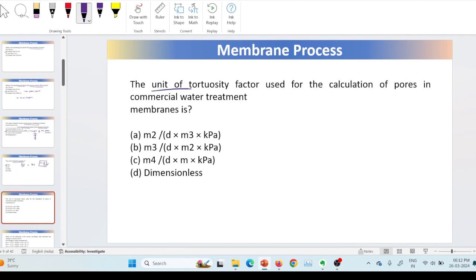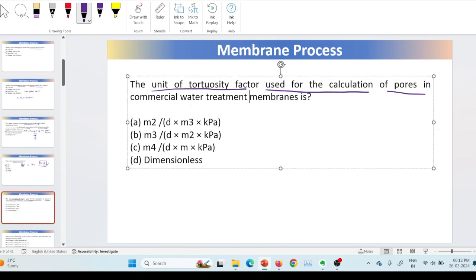The unit of tortuosity factor used for the calculation of force in commercial water treatment membrane: the tortuosity factor is tau. It is dimensionless actually. So the answer is D.